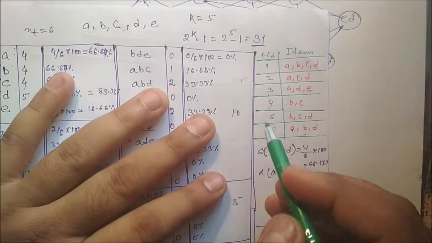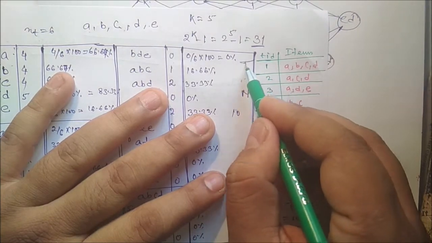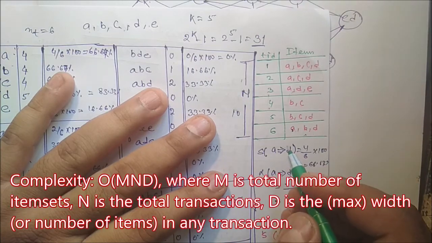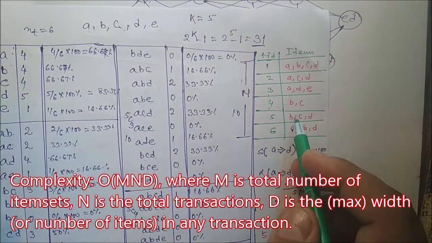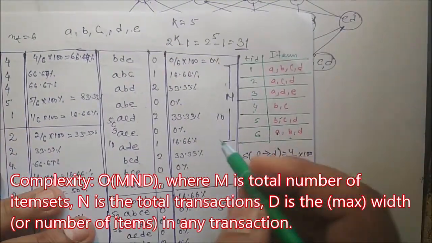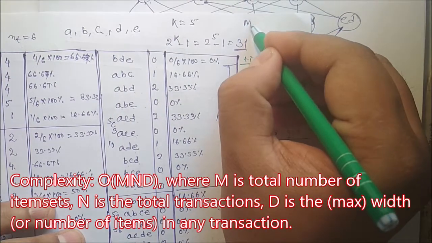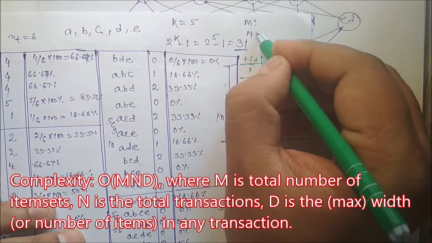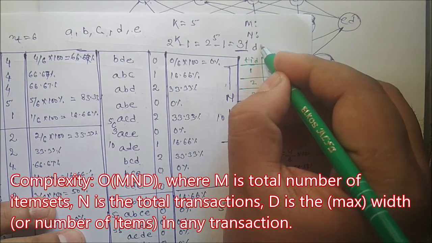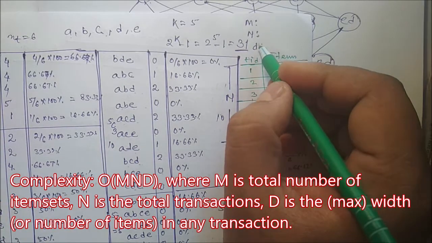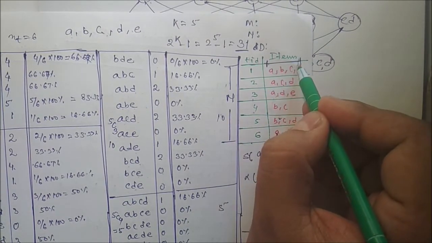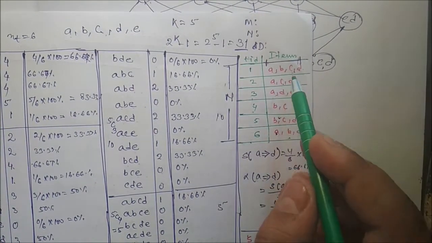Assume N transactions are there, and say the total number of combinations is capital M. So M is the total number of combinations, N is the total number of transactions, and capital D is the width, the maximum item set size. Here the maximum is 1, 2, 3, 4, so D is equal to 4.